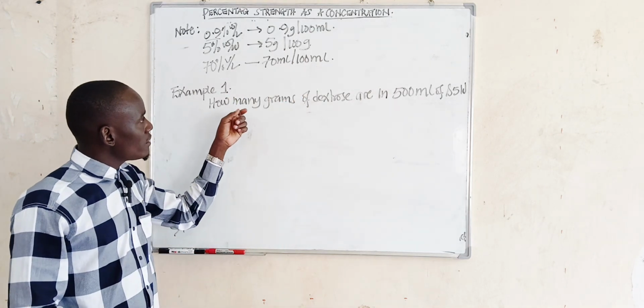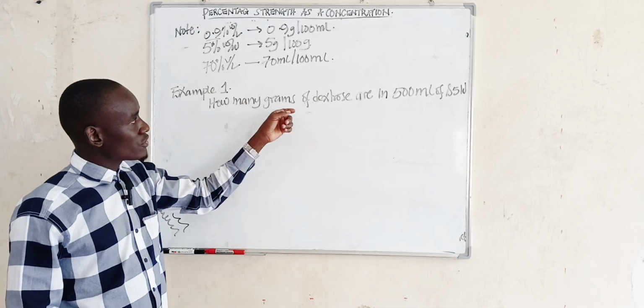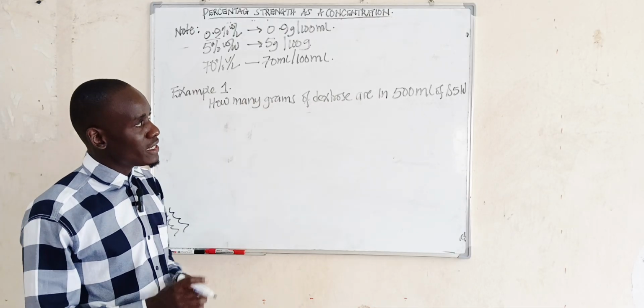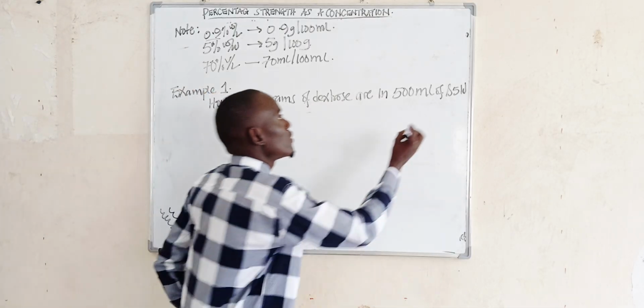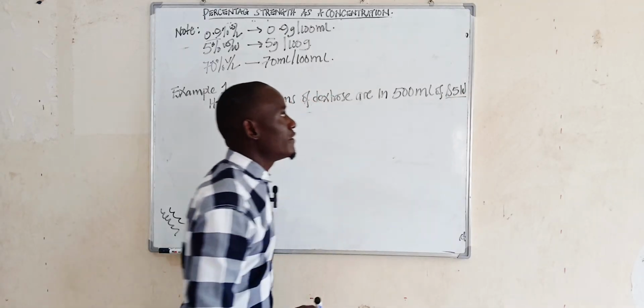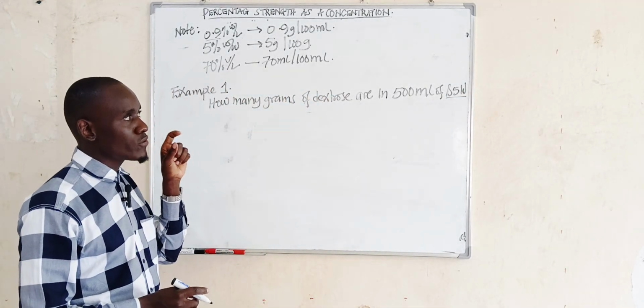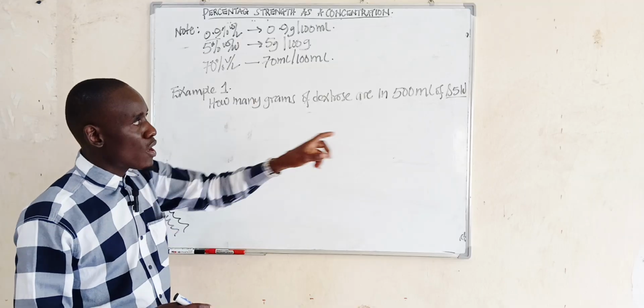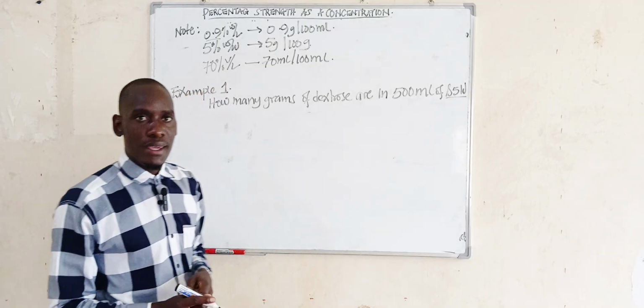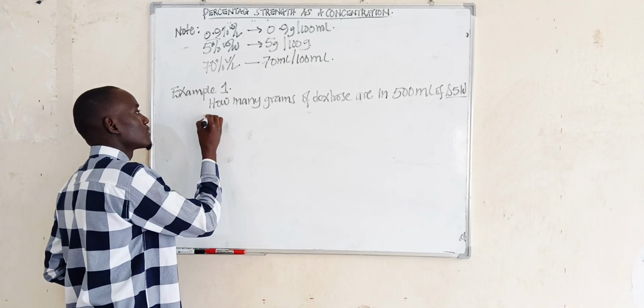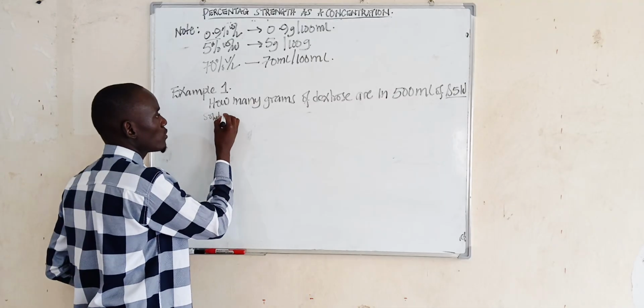How many grams of dextrose are in 500 mils of D5W? First of all, we need to interpret and understand what D5W means.